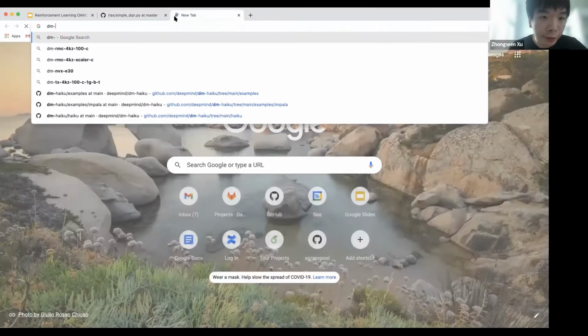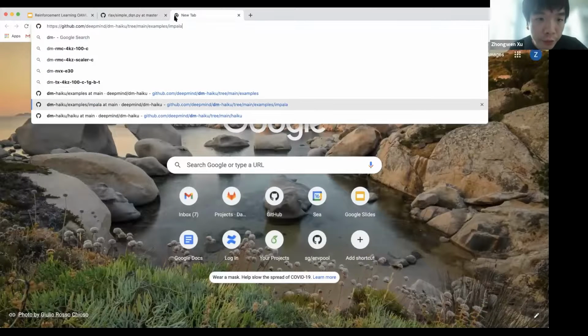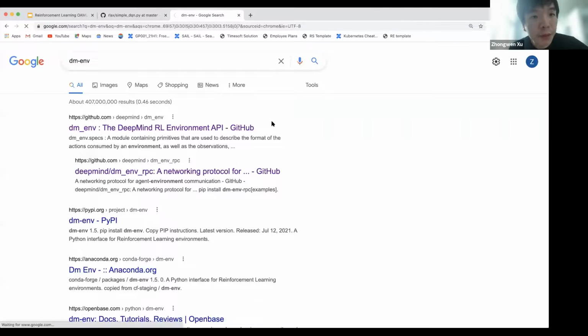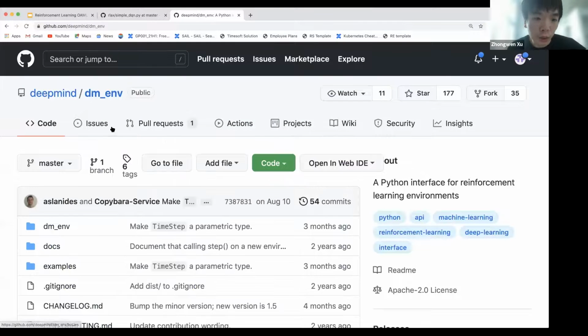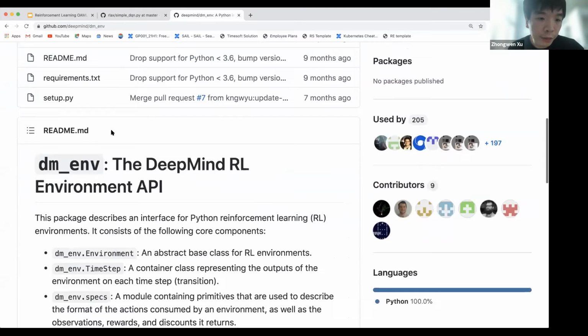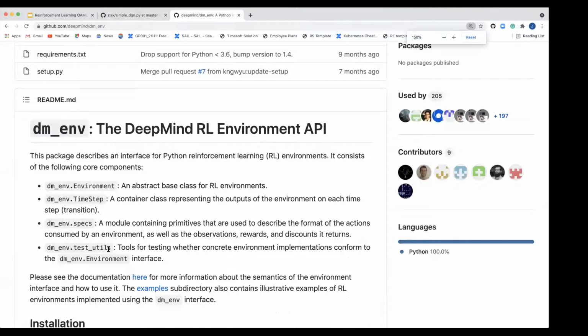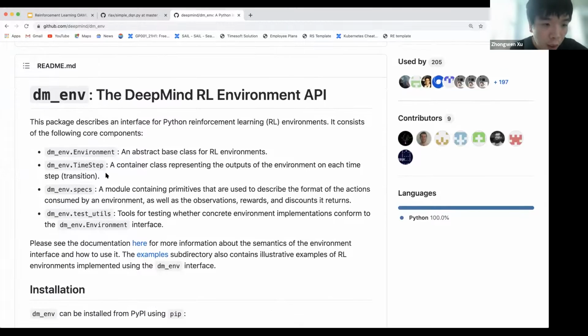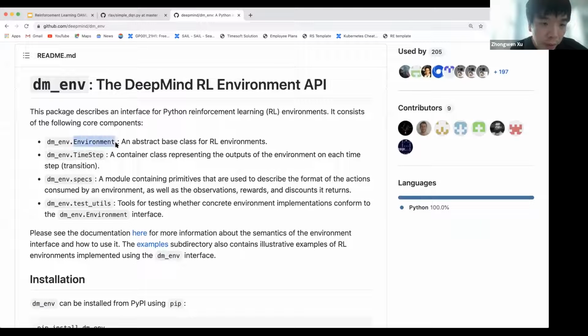okay, let me quickly find some example. So you could go to this repo, dm-env, okay? It describes the thing we just mentioned in the slides. There's an abstract base class for reinforcement learning environments.